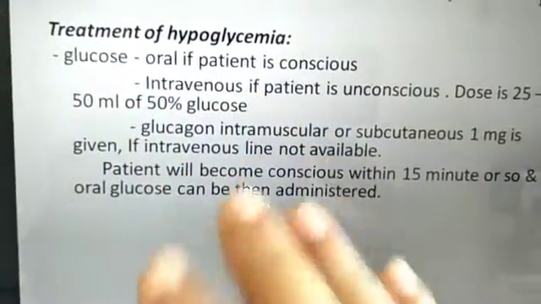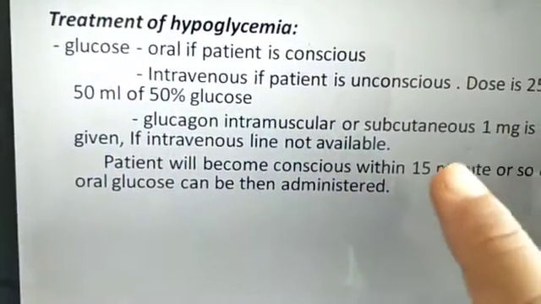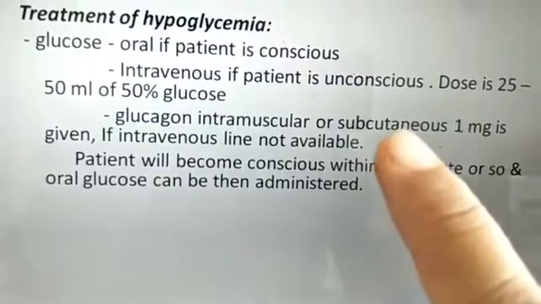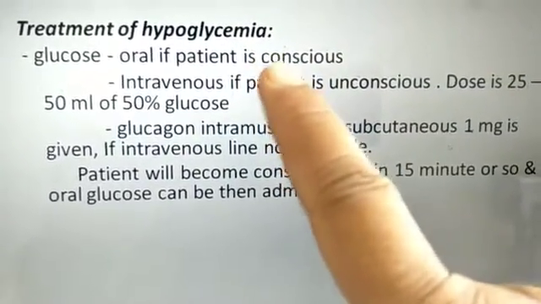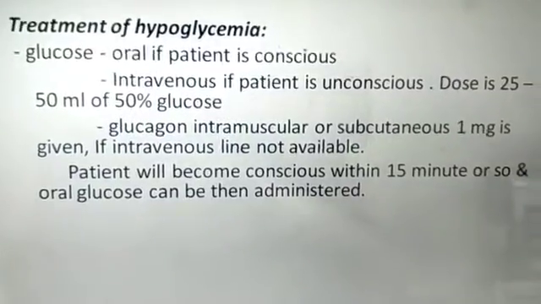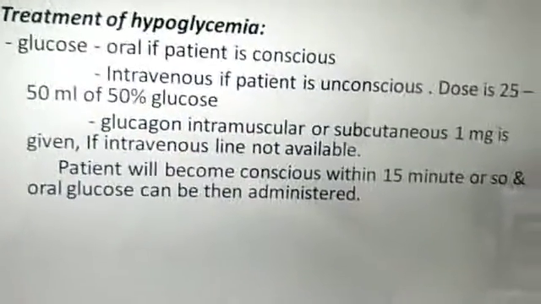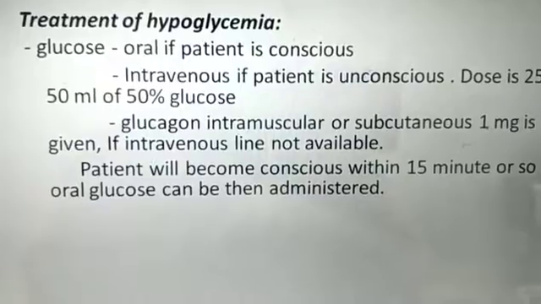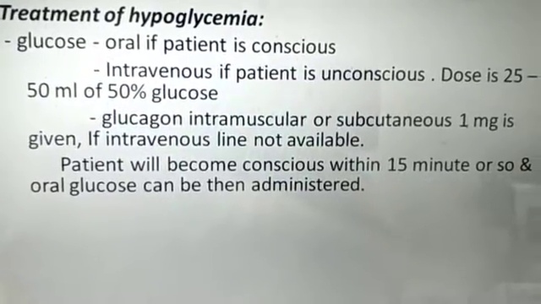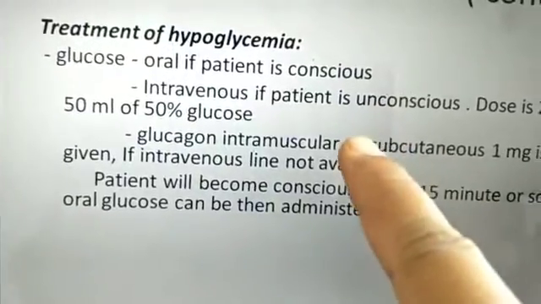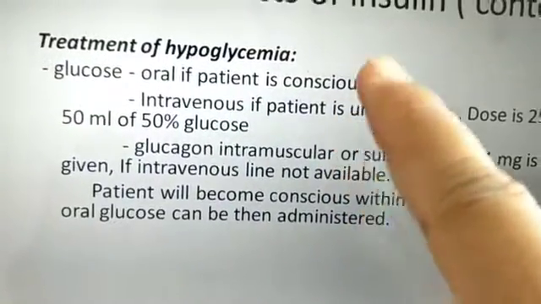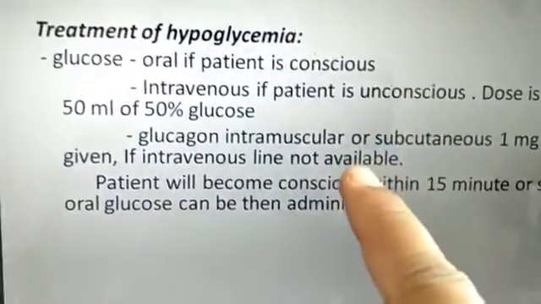If you are not able to differentiate, give glucose, because glucose can save the life of hypoglycemic patient, but it will not kill the hyperglycemic, diabetic ketoacidosis or hyperosmolar patient. Whereas insulin can kill this patient. Insulin given to a hypoglycemic will kill him.